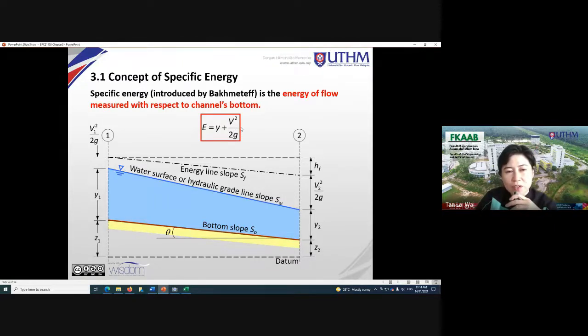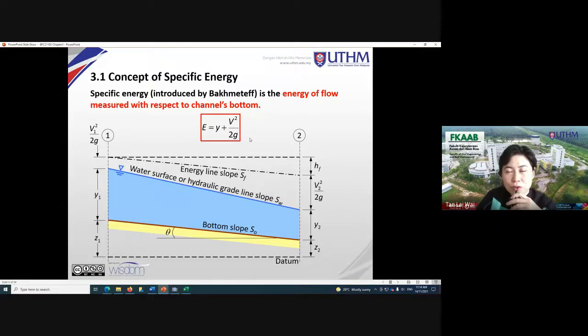There's no z or bottom elevation, because it's measured from the channel's bottom, so you don't need to add that. This is specific energy, E, which is y plus v squared over 2g. You don't need to add z1 or z2, because it's measured from the channel's bottom. So I hope you are clear about this.